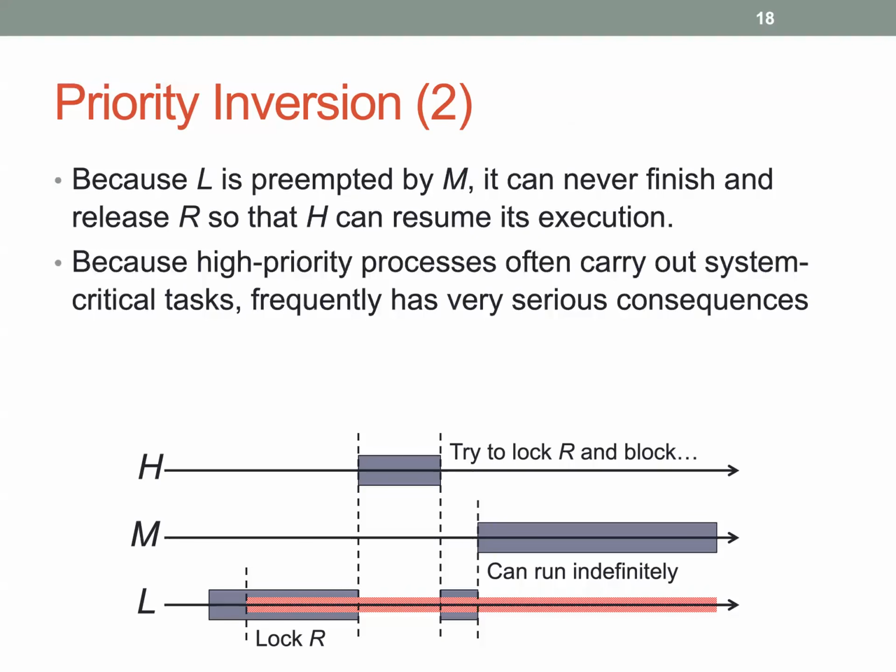So the common example of this in real life was the Mars Pathfinder rover. I was telling a student about that earlier today in office hours. But the Mars Pathfinder had this exact situation occur. The high priority process was responsible for doing some critical system maintenance tasks. The low priority process was doing some low-level system coordination tasks that weren't very important.